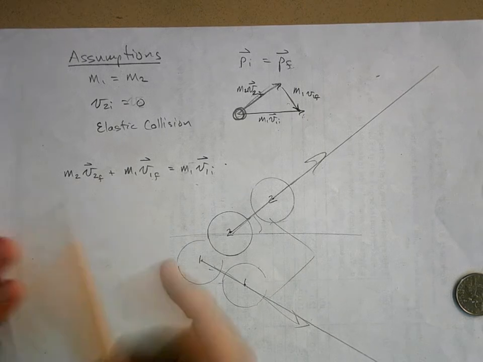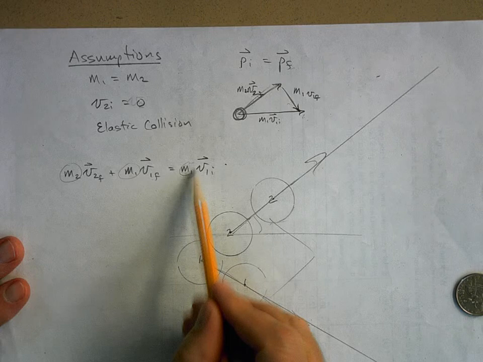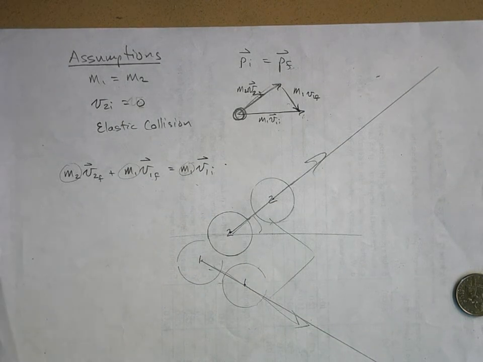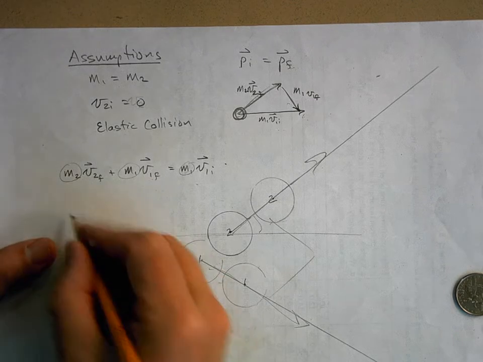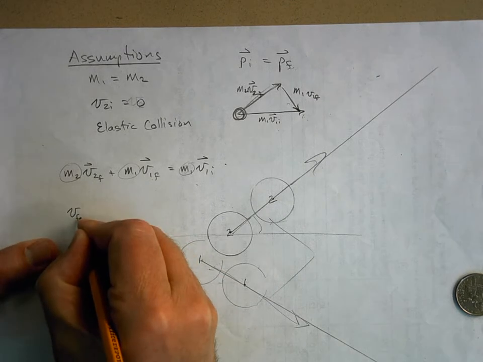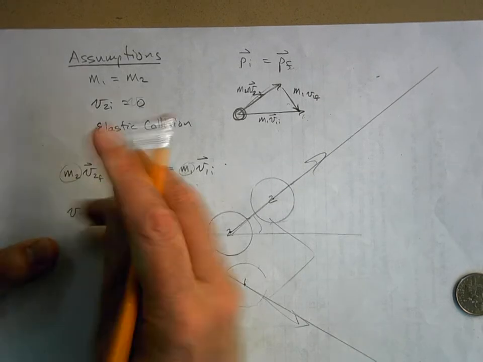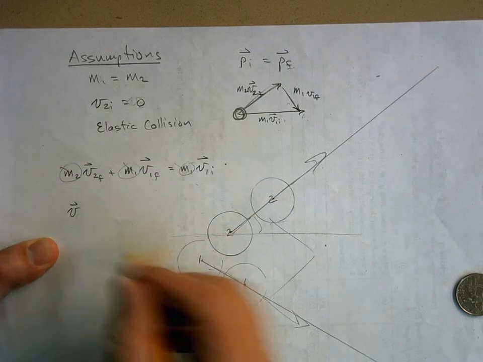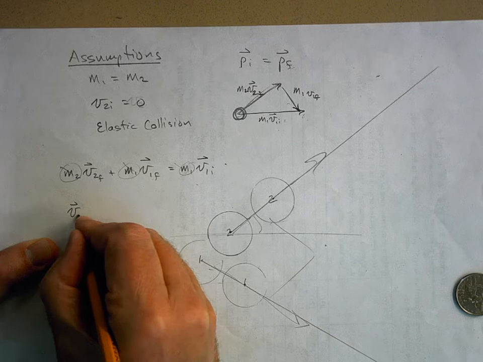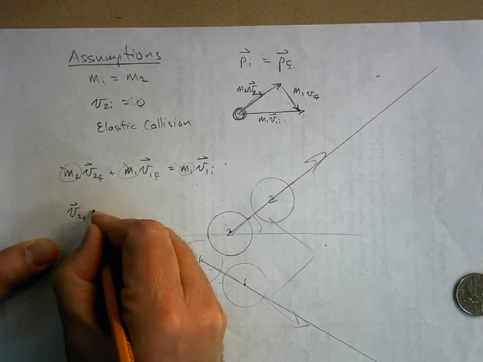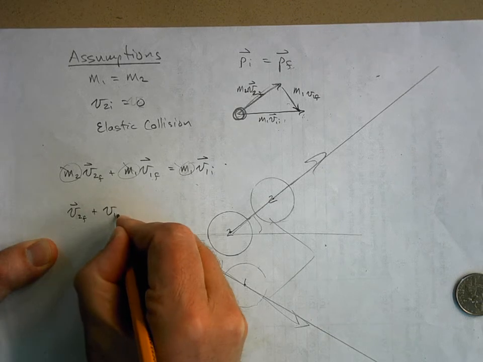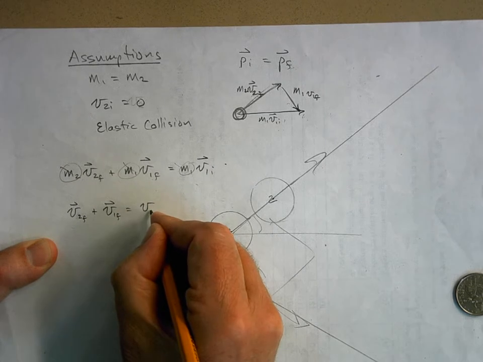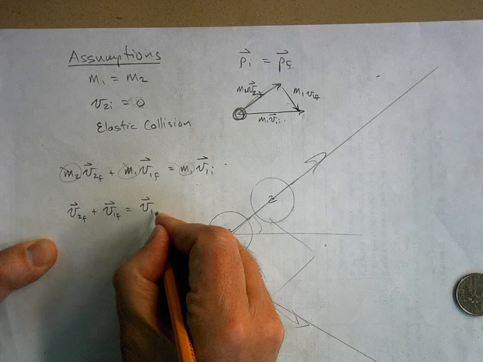Yeah, these masses are the same. So M1 equals M2. So what can I do? I'm going to cancel them out. Just divide both sides by the mass.